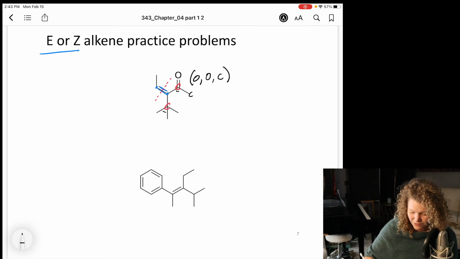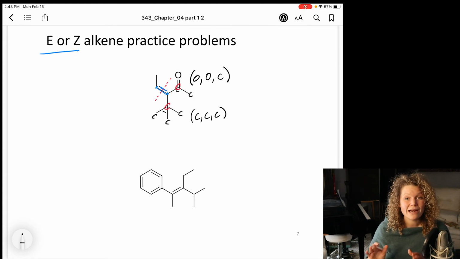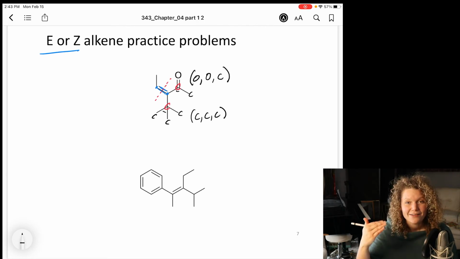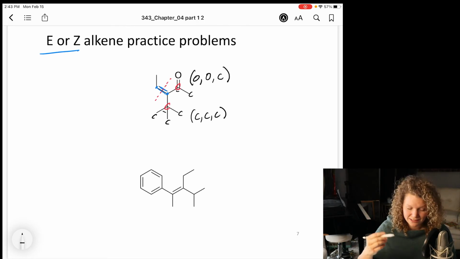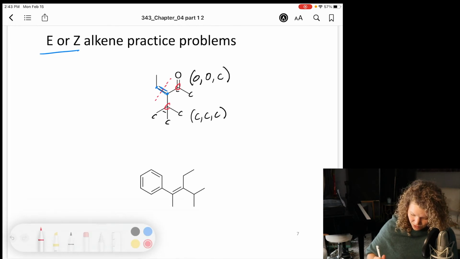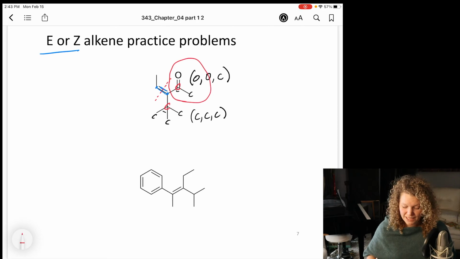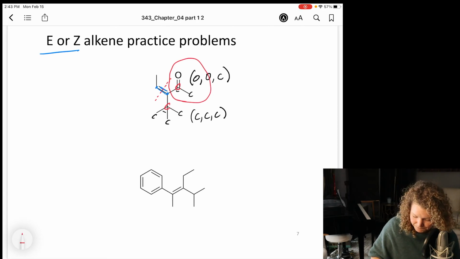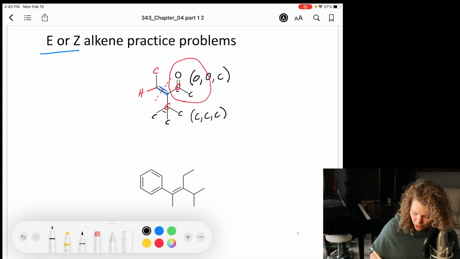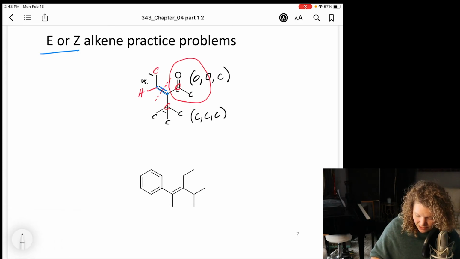So O, O, C. All right. This pink carbon on the bottom is bound to 3 carbons here. Carbon, carbon, carbon. When I compare these two, the oxygen wins because of its atomic mass. So this group is a higher priority. Let's look at the left side. I have a hydrogen here, okay, and this is the carbon. So I'm going to go carbon versus hydrogen.